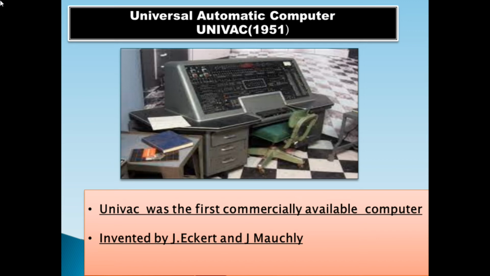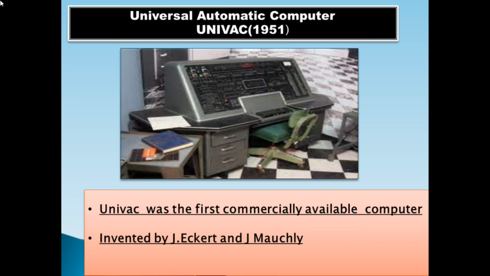So ENIAC and UNIVAC are examples of first generation computers. In first generation computers, vacuum tubes were used as electronic components, and they used punch cards for input and output data. Clear, children? You should remember all these things: electronic components, then examples, and the inventors.